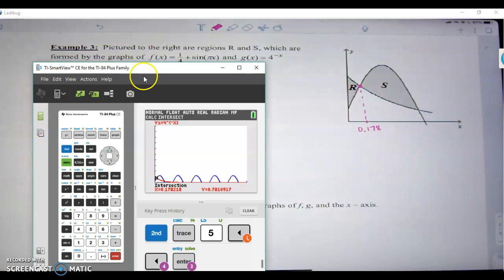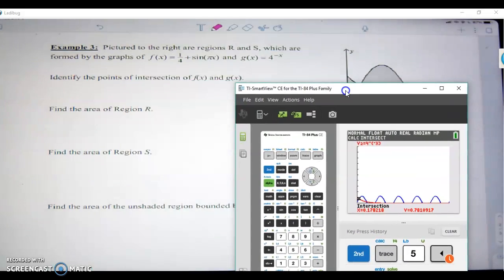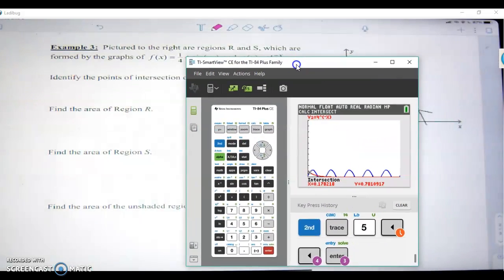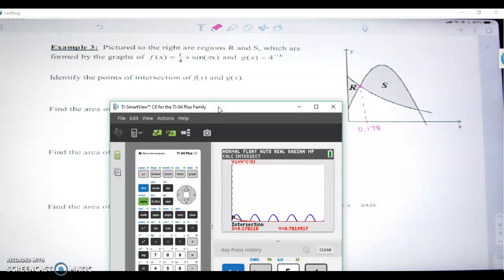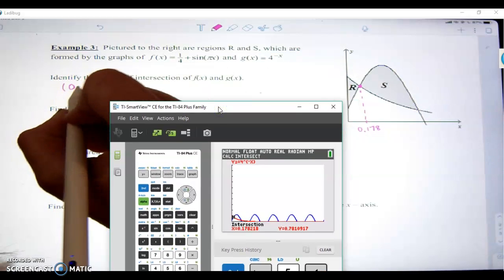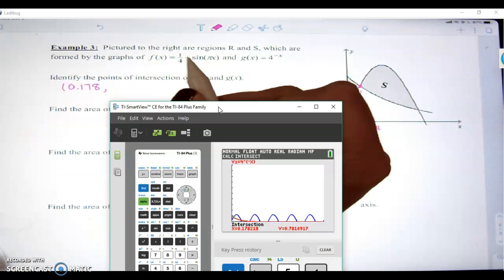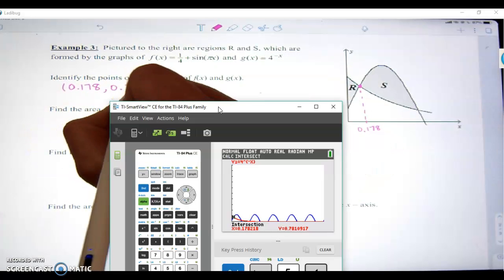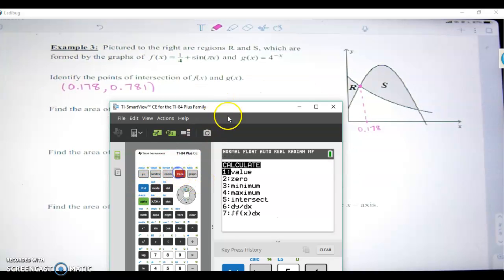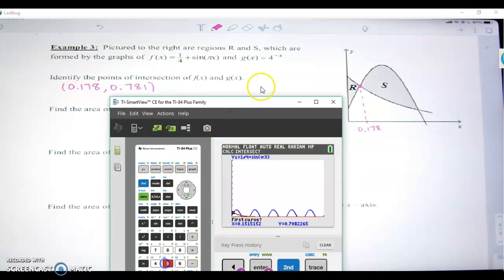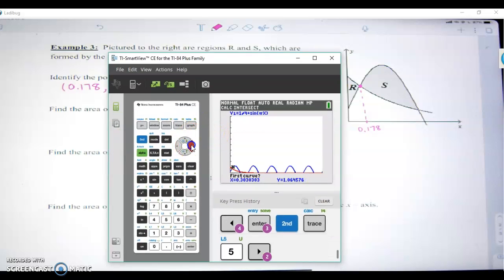And if you look at the first question, it says identify the points of intersection, so we're going to need to write the x and y values. Let's go ahead and jot those down. So we're going to have 0.178, and the y value that goes with that is 0.781. Okay, so then if we do second trace intersect for the next point, and I'm going to move it to the next one.